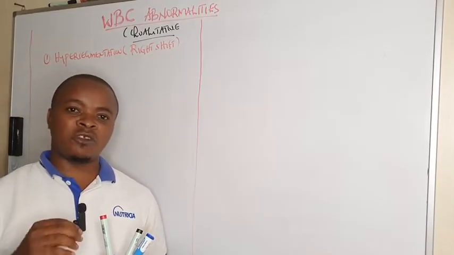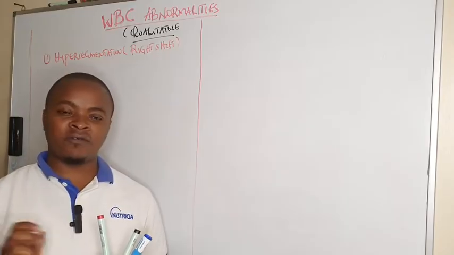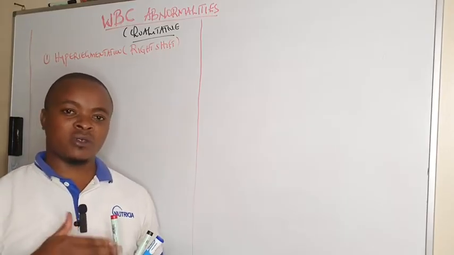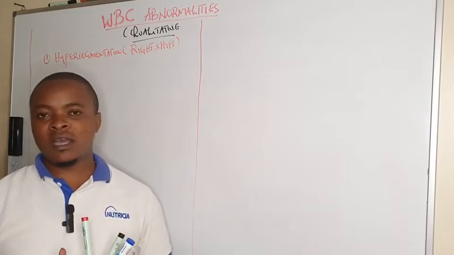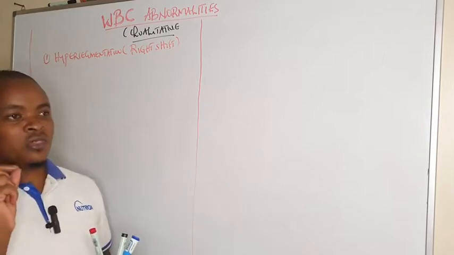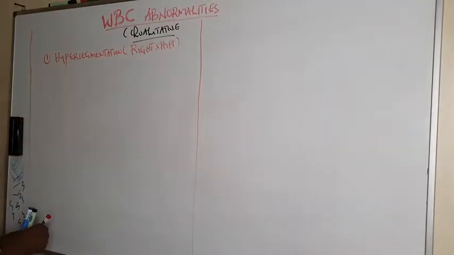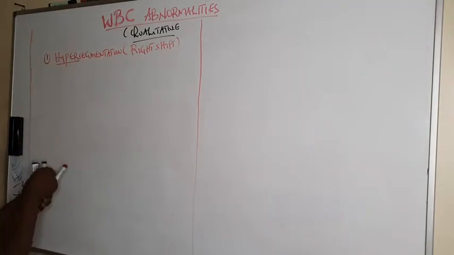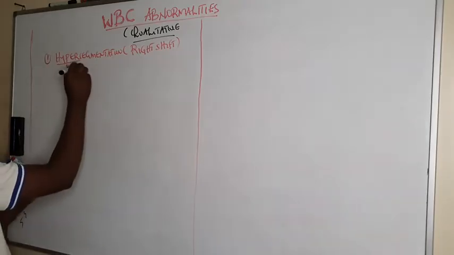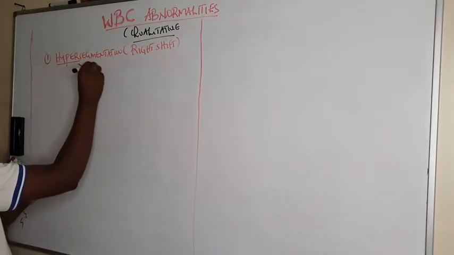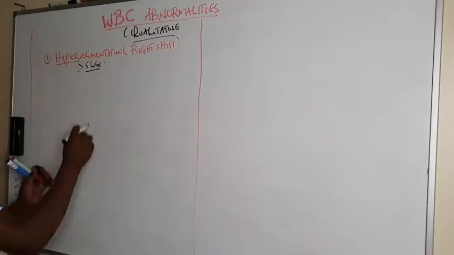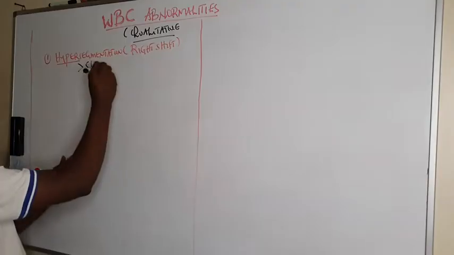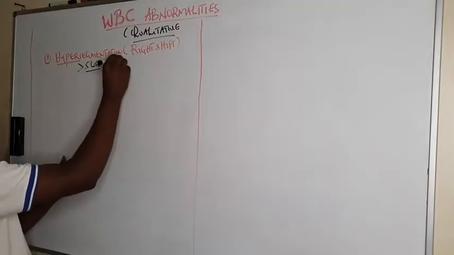Any neutrophil having lobes greater than 5 is regarded as a hypersegmented neutrophil, whereas those with 2 and below are hyposegmented. So right shift, which we are calling hypersegmentation, is whereby you find a neutrophil with greater than 5 lobes, whereby the nucleus is segmented into more than 5 lobes, and this is always seen majorly in the neutrophils.